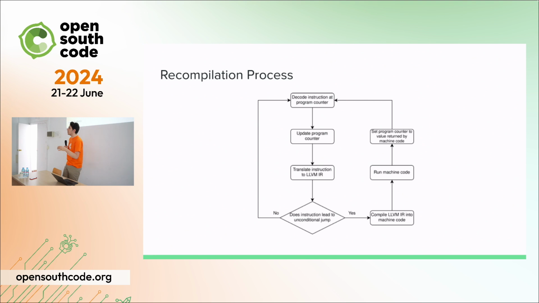So for example, if we have a code block that does a bunch of stuff and then at the end jumps to address, I don't know, 200, the function that we have written as a translation of the original program would return that 200 value. And so we take that value that the function returned and set it as the new value of the program counter, and then we repeat the process of reading instructions until we find an unconditional jump, over and over again.